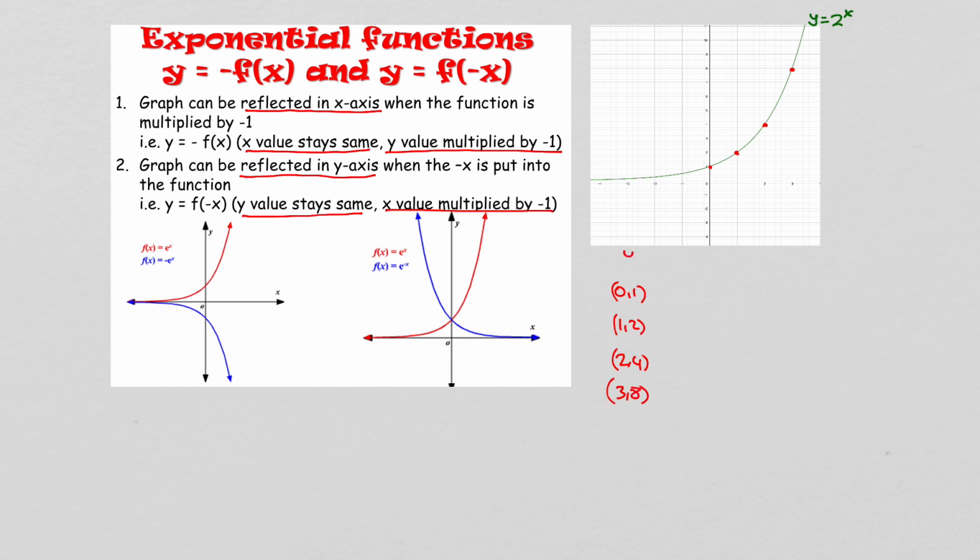And if we do the graph of y equals minus 2 to the x, then what's going to happen here is we are multiplying the original function by minus 1. So that means that our y values are going to change their sign.